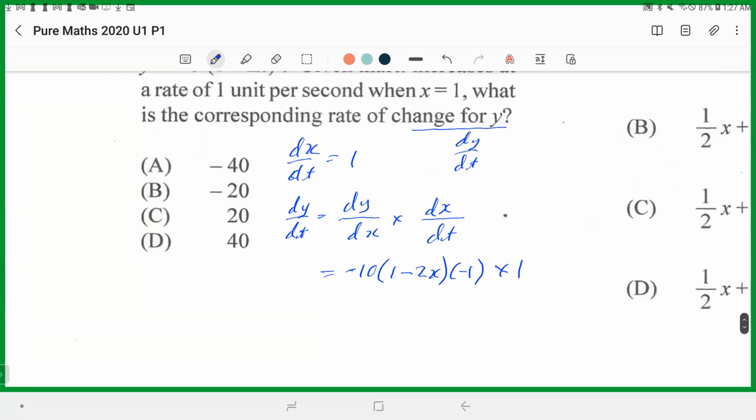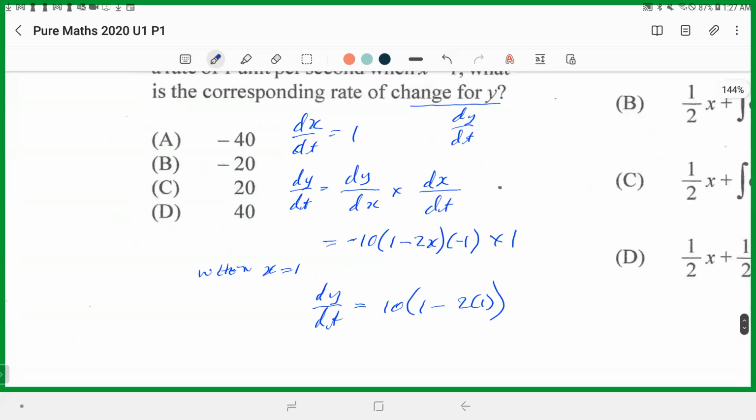And when x equals 1, dy by dt becomes, make that a plus, 10 bracket 1 minus 2 times 1. That's what we're working out. That's negative 10, negative 20.